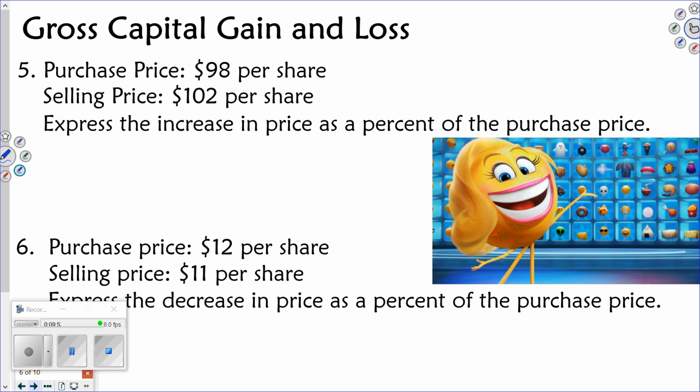All right, so number 5, the purchase price was $98 per share. The selling price was $102 per share. Is that a gain or a loss? That's a gain. Express the increase in price as a percent of the purchase price. Do you remember that formula that we talked about? What's that formula?